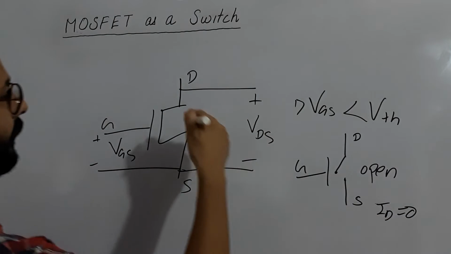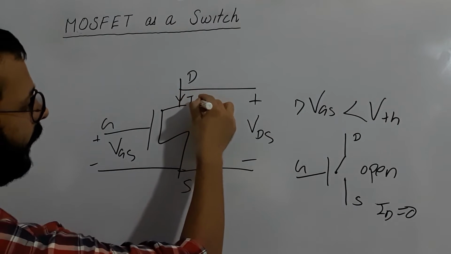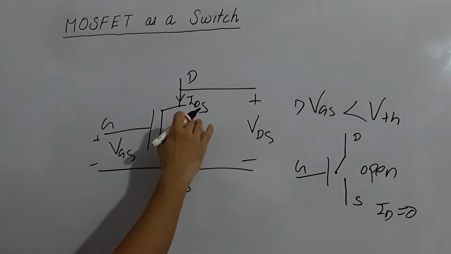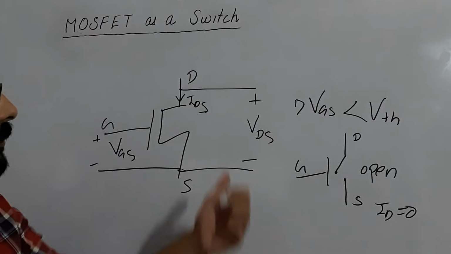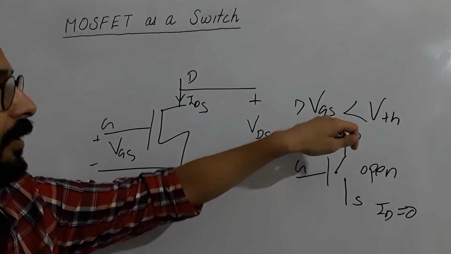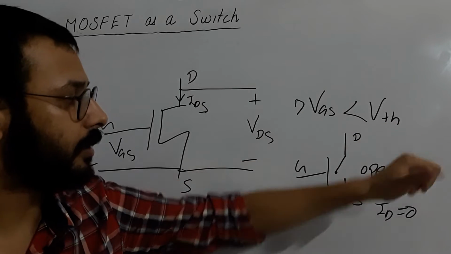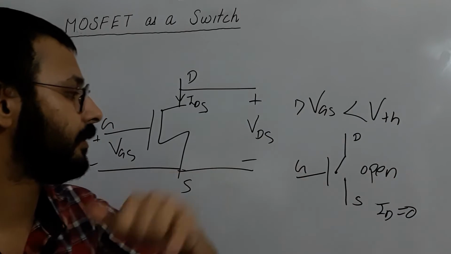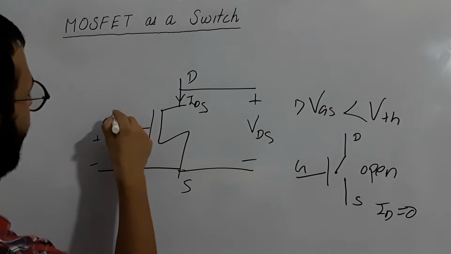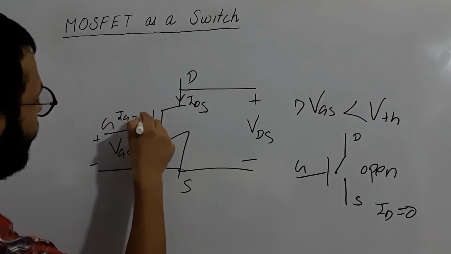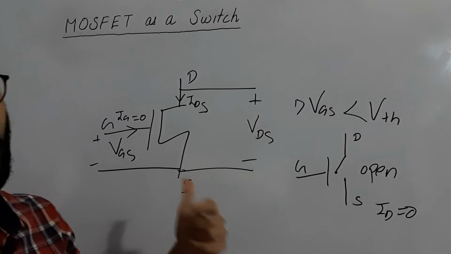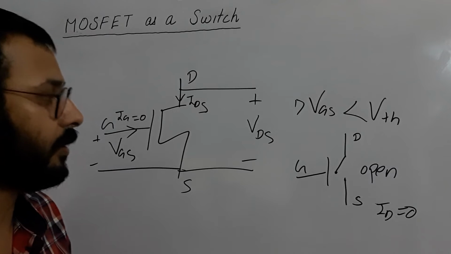ID is IDS, the current in the direction drain to source, and that will be 0 in case VGS is less than VTH, because our circuit will be open. We have one more thing, IG. IG is the gate current, which will be 0 in every case. So don't forget that.